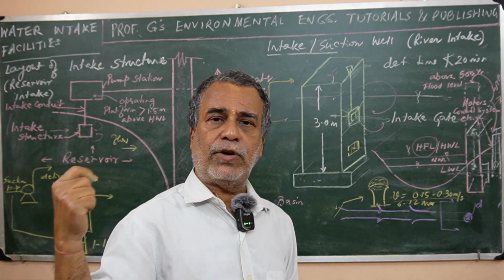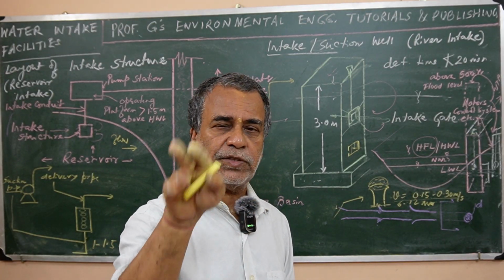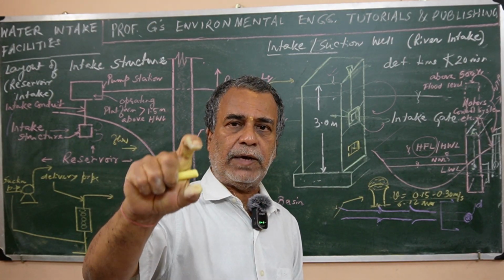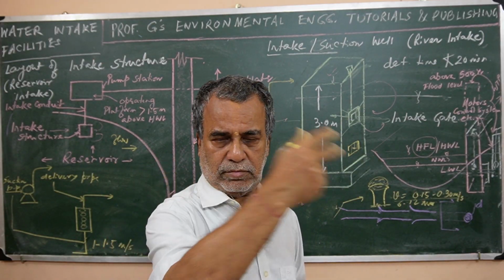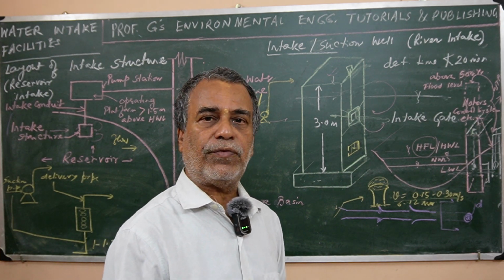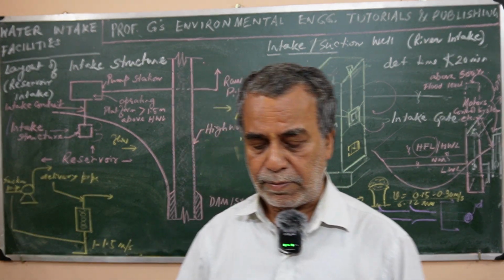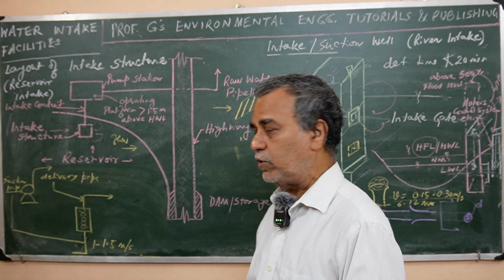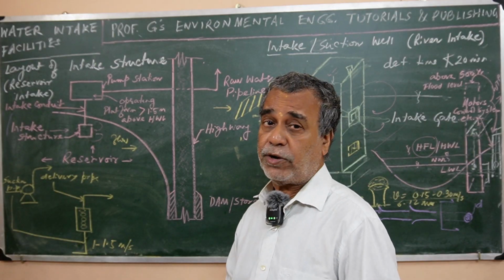From the velocity you can find out the cross-sectional area of the suction pipe, from which, using pi d square by 4, as I have told in my last video, you can find out the diameter. Then you have to choose the nearest diameter available in the market, because you cannot choose according to your calculator. Remember this point is very important.